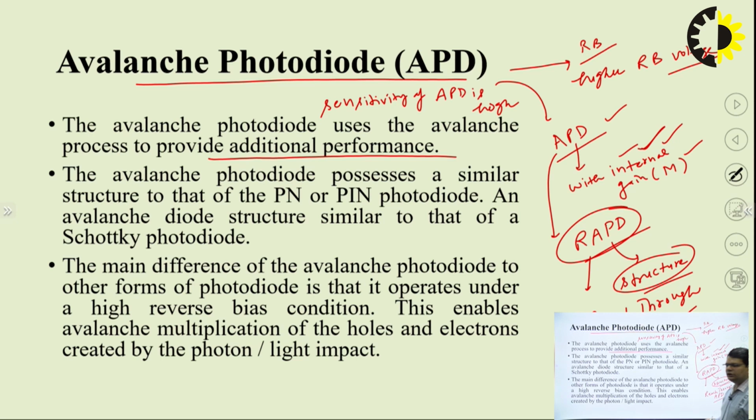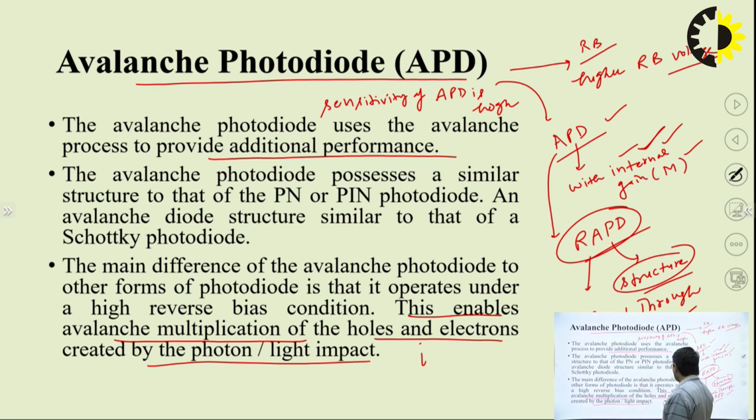This higher value of reverse bias will help us in achieving the avalanche multiplication, or getting more and more photocarriers, so that the photocurrent generated will be multiplied by the additional internal gain.